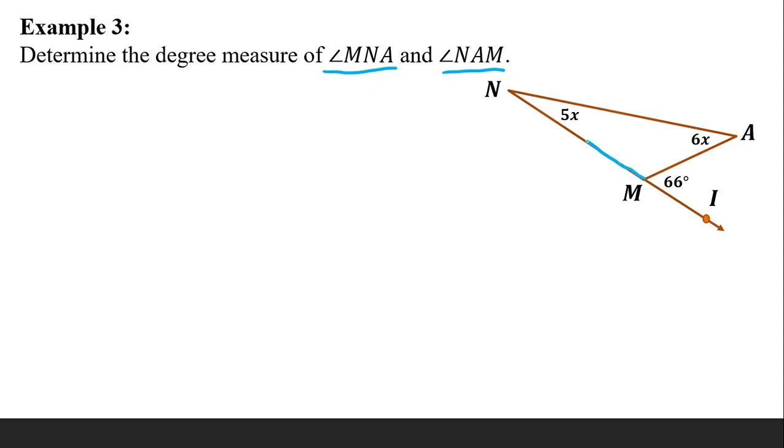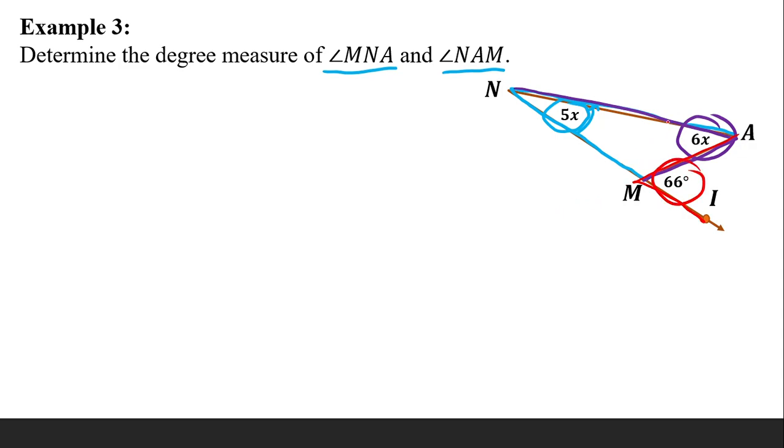Angle M has a degree measure of 5x. Next, angle NAM has a degree measure of 6x. And our exterior angle is AMI, which has a degree measure of 66 degrees.